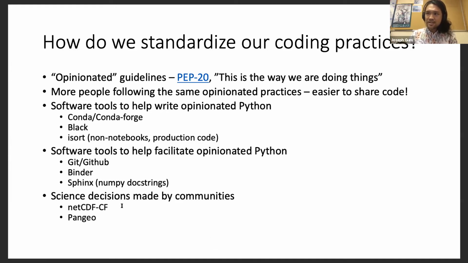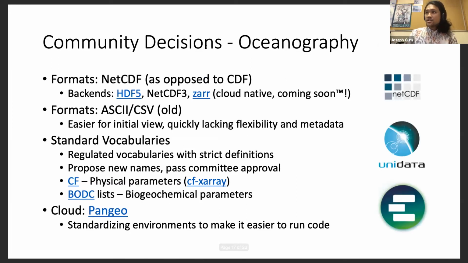And we have science decisions made by communities such as NetCDF, CF, and Pangeo. So community decisions in oceanography. We have the NetCDF format as opposed to CDF, which is another format that is completely different from NetCDF. They have different backends. Generally, we're using HDF5 or NetCDF3, unless you're using it in the cloud, in which case you're probably using Zarr.